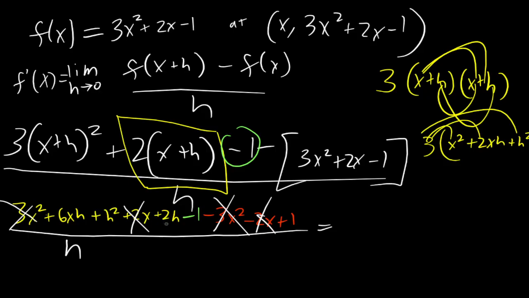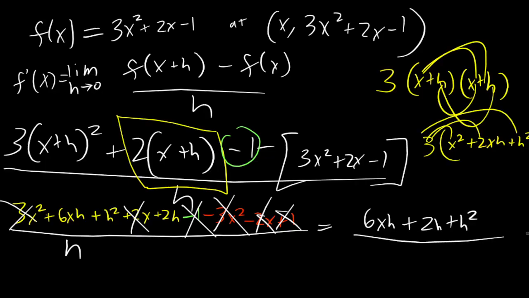And what else do we got? Oh, +1 and -1 right here, and +1, which cancels out. What else? That looks like it's about it. So we're gonna write 6xh plus 2h plus h squared.